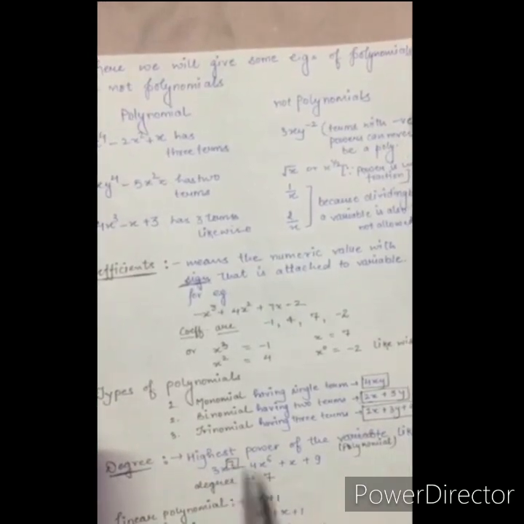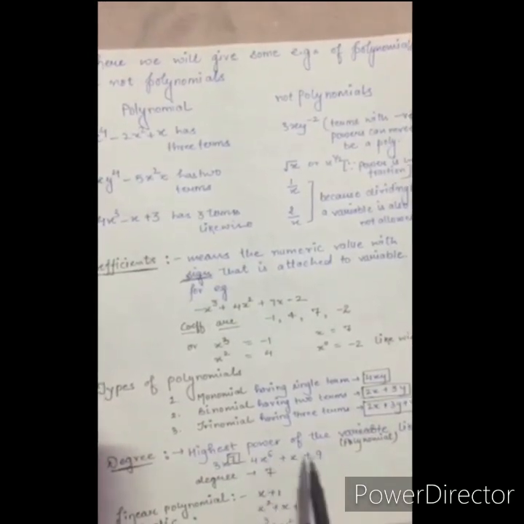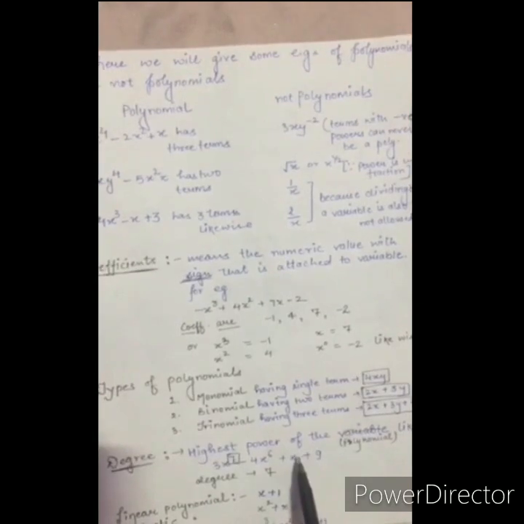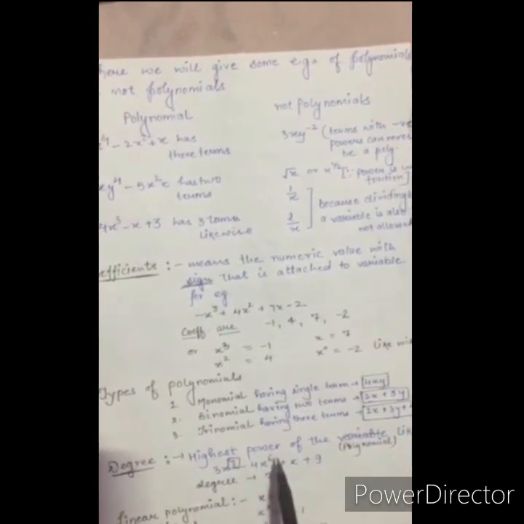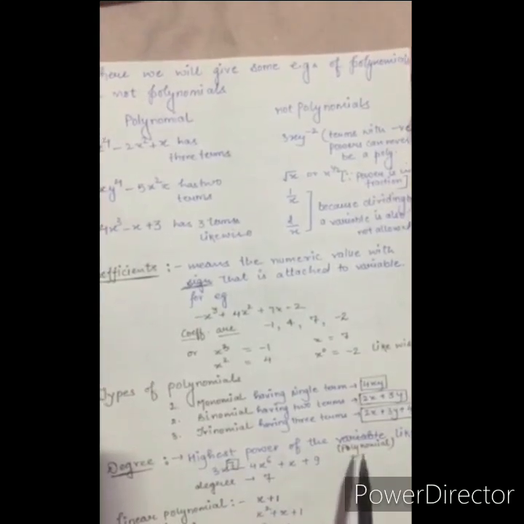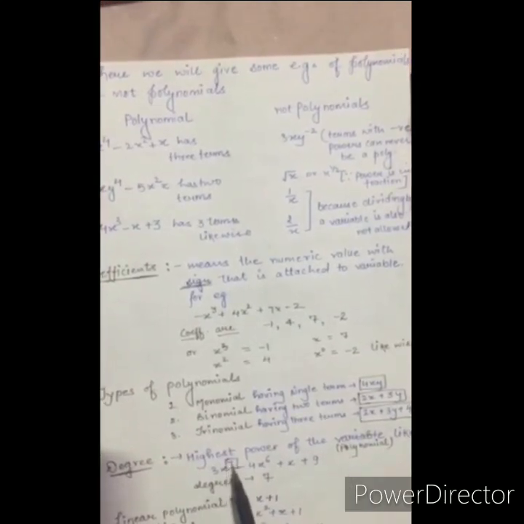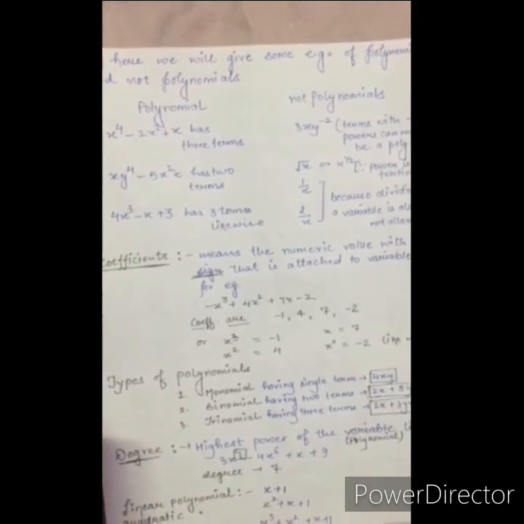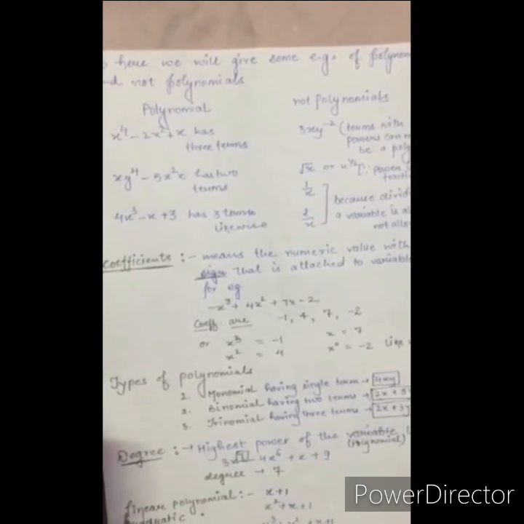Here we have many powers: 7, 6, and 1. But we know the definition of degree is the highest power of the polynomial. Among 7, 6 and 1, 7 is the highest, so 7 will become its degree.